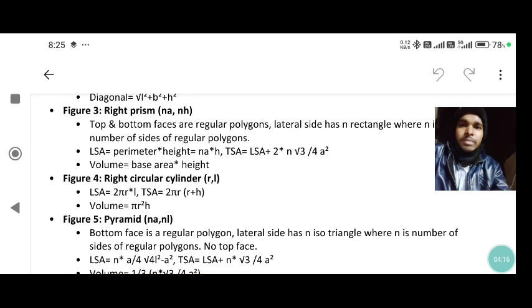Now coming to the right prism. What is a right prism?